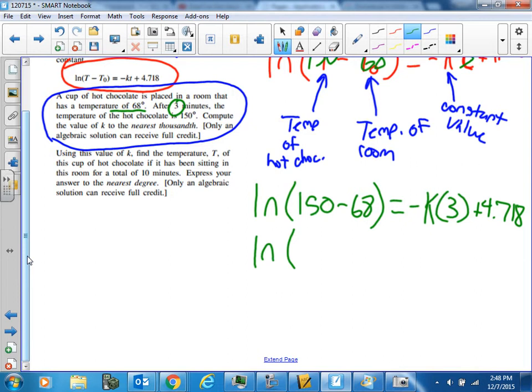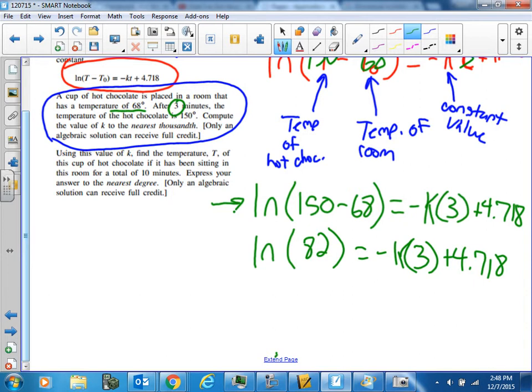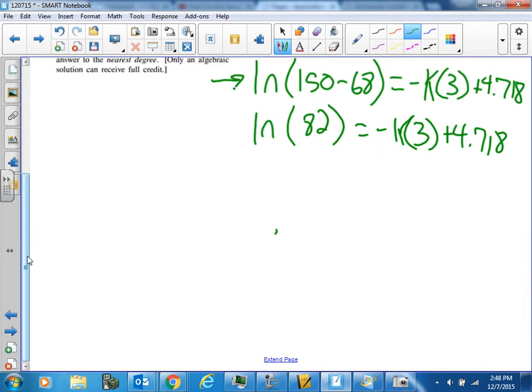And I'm going to get, let's see. So that would be the natural log of 82. You don't have to even do this step. You could just do it right here, and you don't even have to put the 82. I'll just do that this time, plus 4.718. Now we have to do ln of 82 if you didn't already do it.